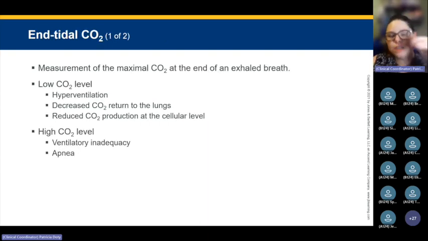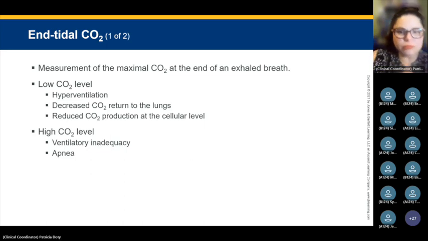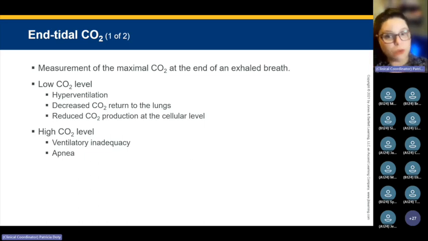All right, so end-tidal CO2 is going to be the measurement of the maximum CO2 at the end of an exhaled breath, okay? That's the definition. A low CO2 level could be caused by hyperventilation, decreased CO2 return to the lungs, or reduced CO2 production at the cellular level. A high CO2 level may be indicated when you have ventilatory inadequacy or apnea.